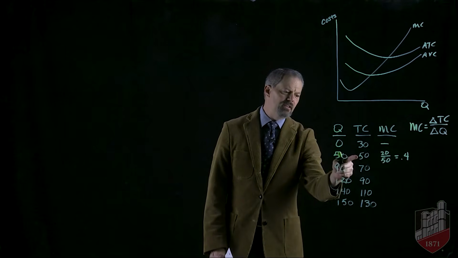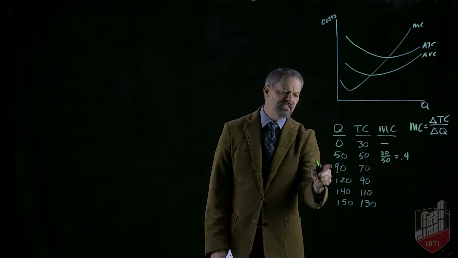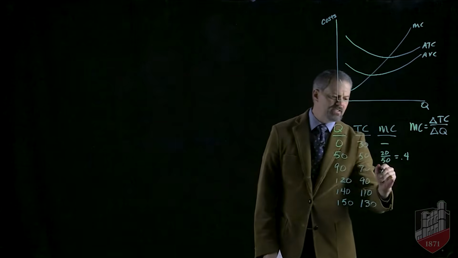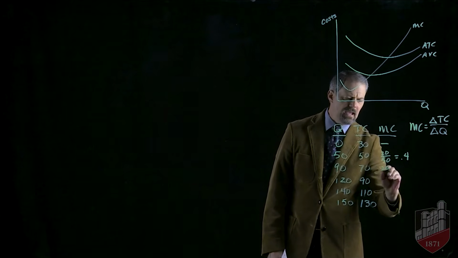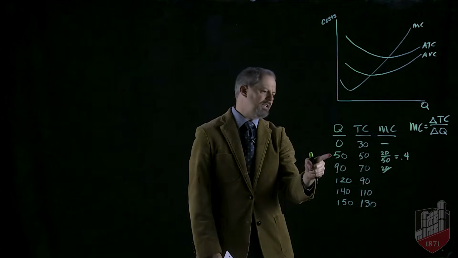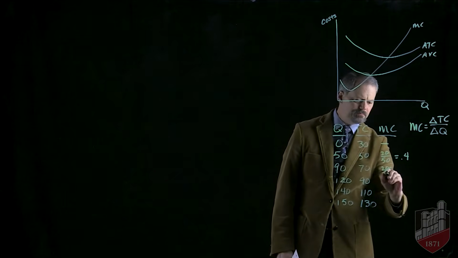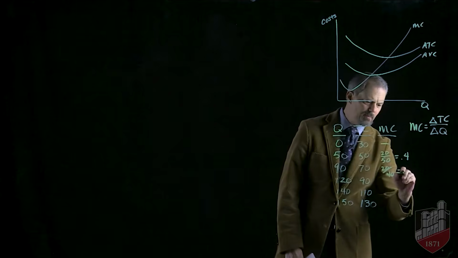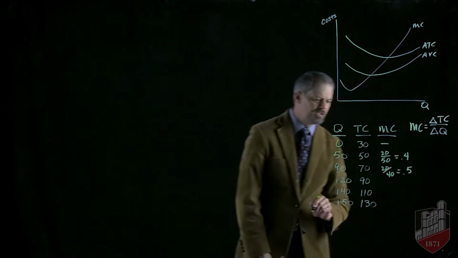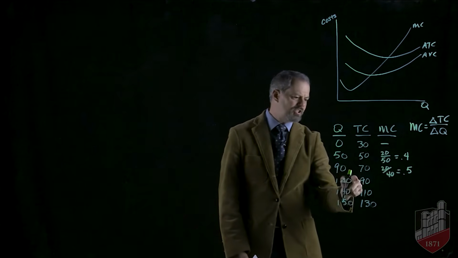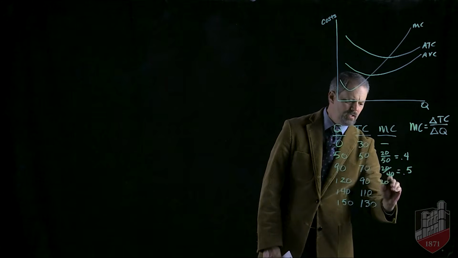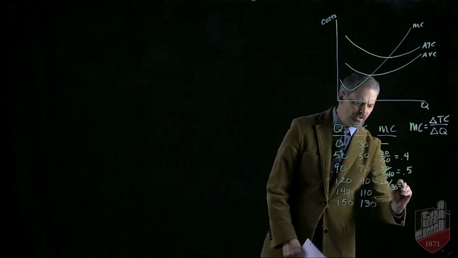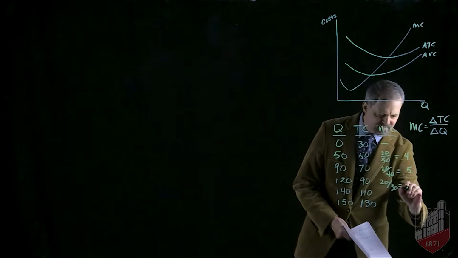Let's think about here. If we go from 50 to 90, well, our total cost is changing by 20, and our quantity has changed by 40. That's equal to 0.5. 20 divided by 40 is 0.5. Then our total cost changes by 20, and our quantity changes by 30. That's 2/3, 0.66666.